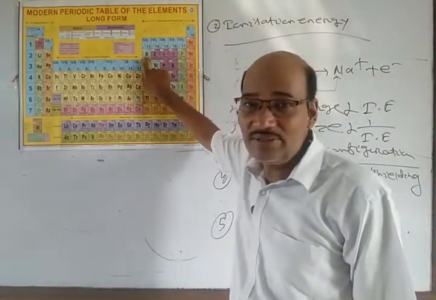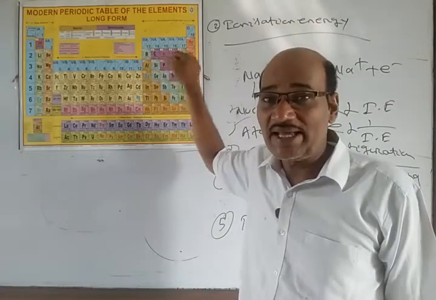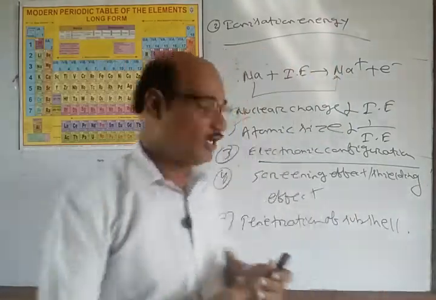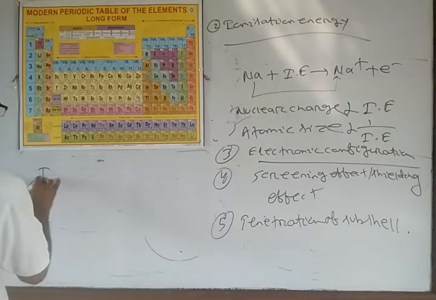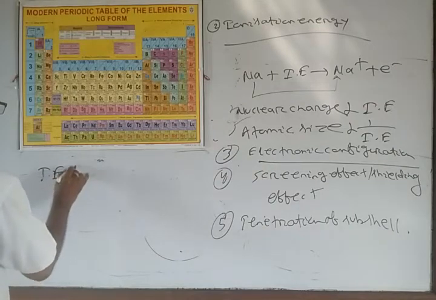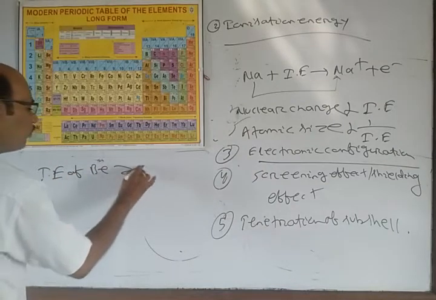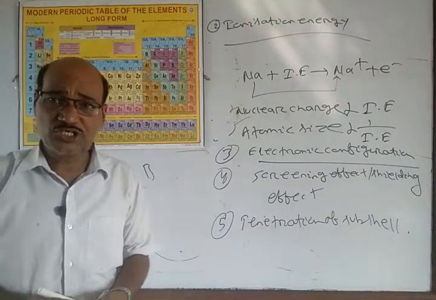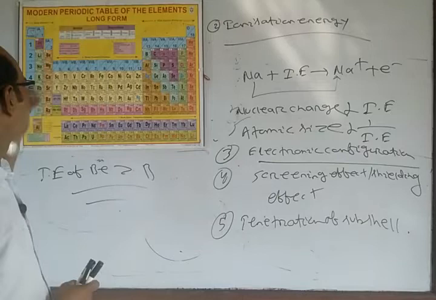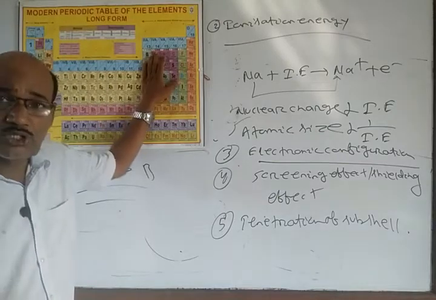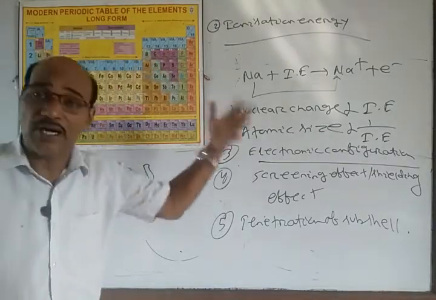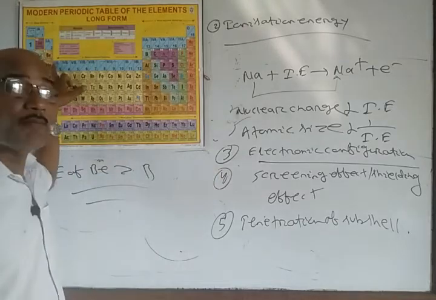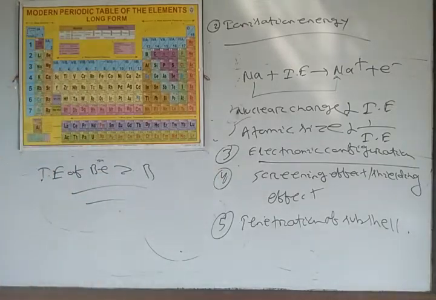So boron has less ionization energy as compared to beryllium. So the ionization energy of beryllium is more than boron. But normally we discuss that ionization energy increases along a period. So boron should have more ionization energy as compared to beryllium. But here what happens? Beryllium is what?